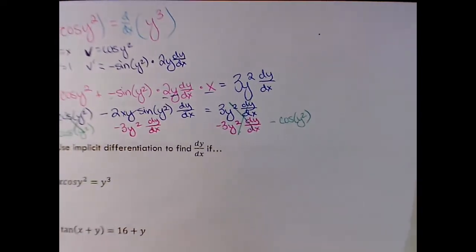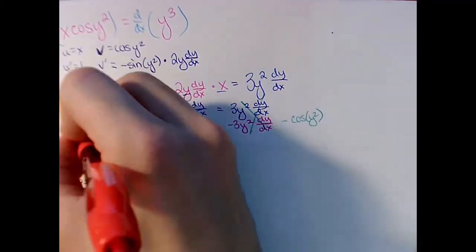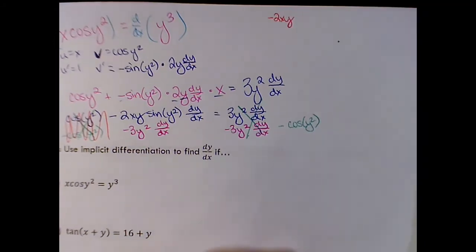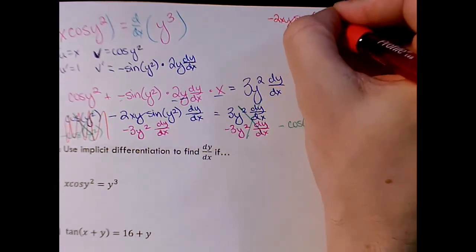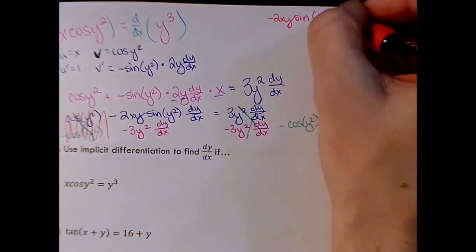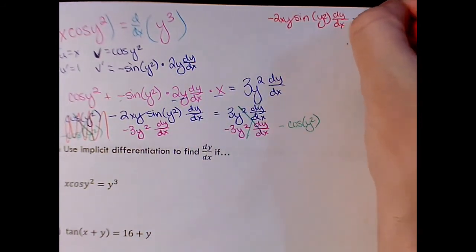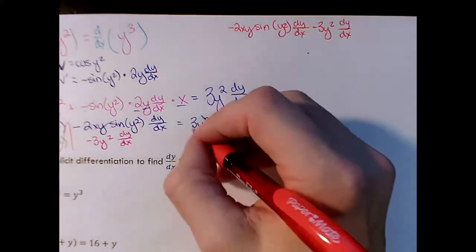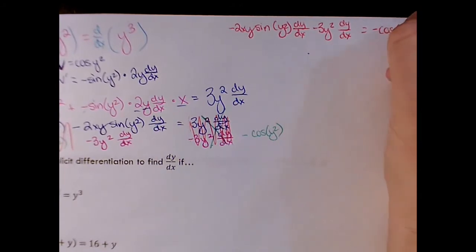So what we have is negative 2xy sine y squared dy dx minus 3y squared dy dx, you're gone, equals negative cos y squared.